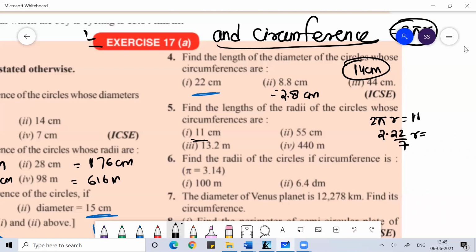So 1.7. One minute. So you have to find the radius. So this is 2, and r is 7 by 4.